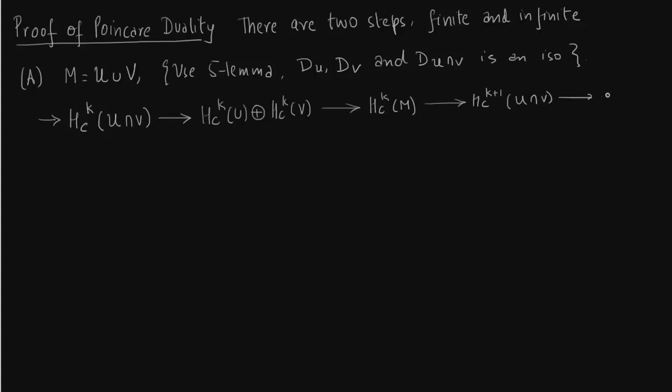Increase index by 1 and repeat. Now we have written the cohomology sequence above. Now we write down the homology sequence. The duality map we will have to draw later on.